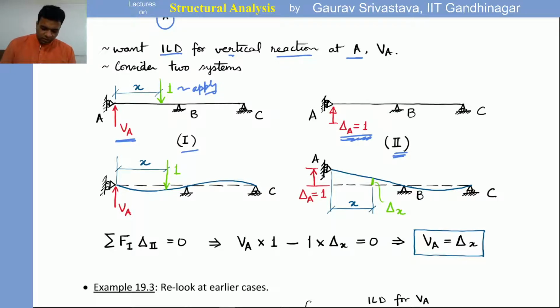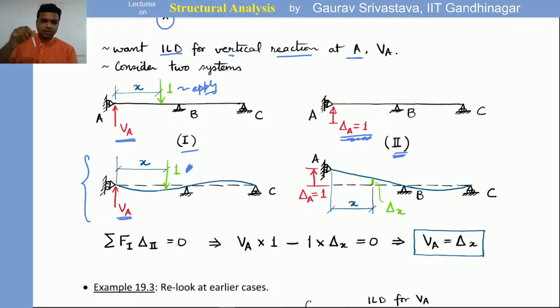Okay. So in system 1, because of this load of 1 unit, right, there will be some deformation. Okay. Let's say this figure is giving the deformed shape. Okay, and this VA is not letting that roller go down, and that is where we are getting the reaction force.